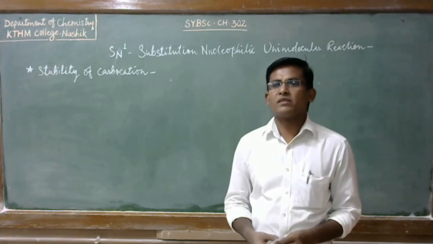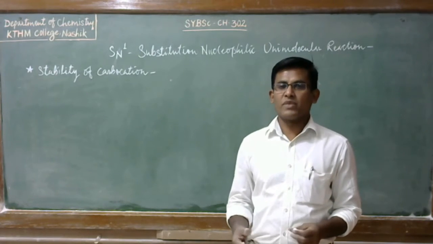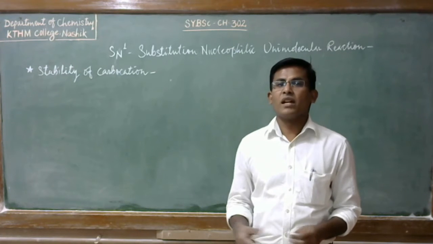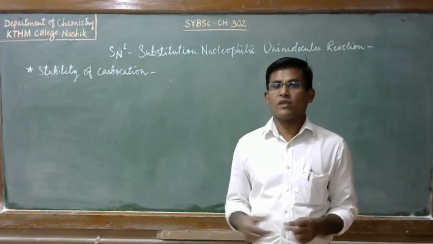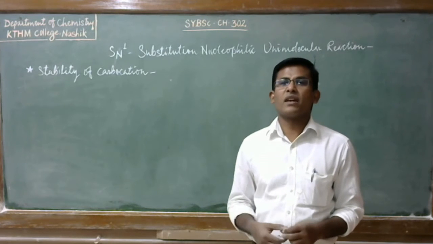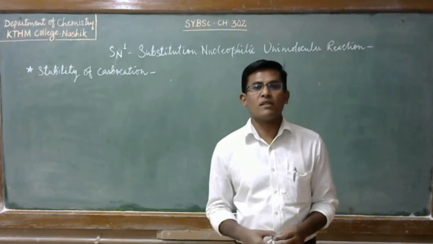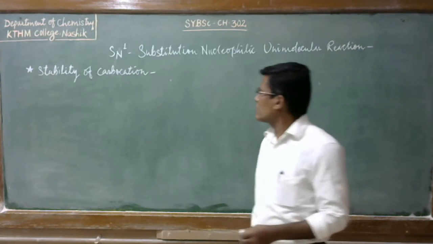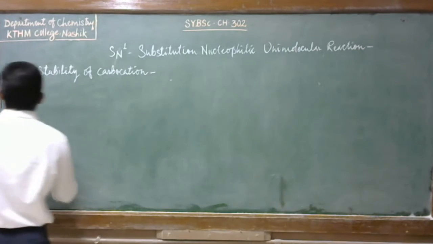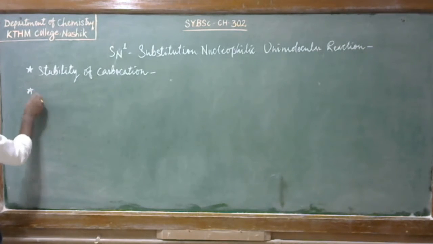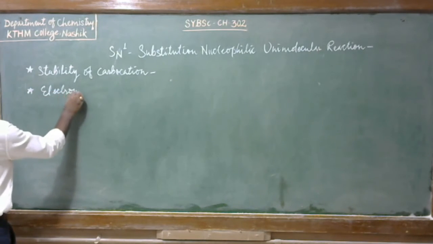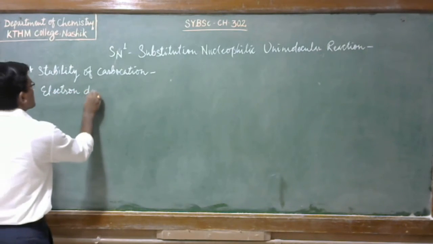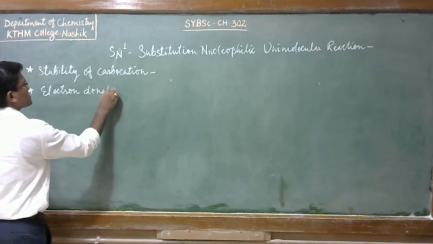Alright, the primary factor that determines the rate of the SN1 reaction is the carbocation that is formed in this slow step. So the rate of the reaction depends on the stability of carbocations. Okay. So the second factor is electron donating groups.